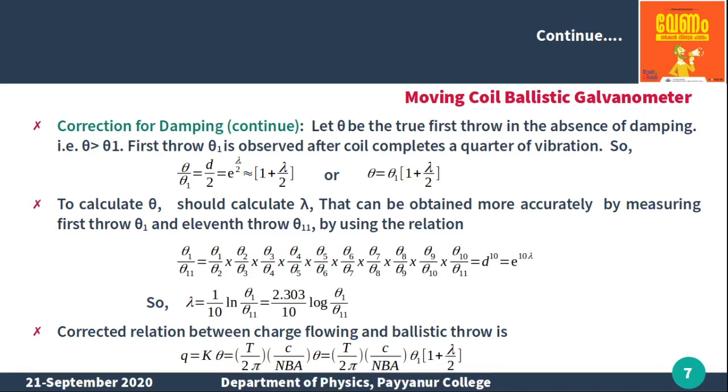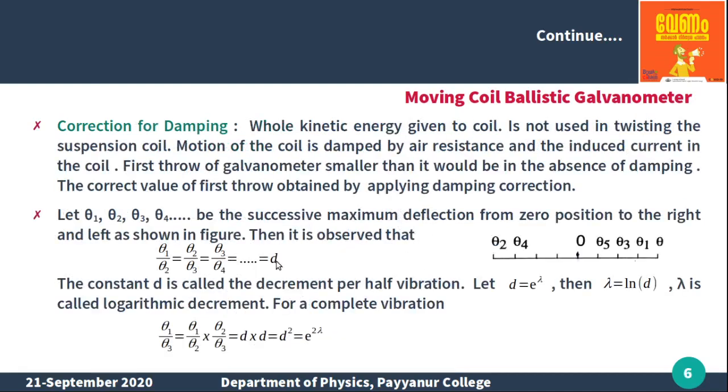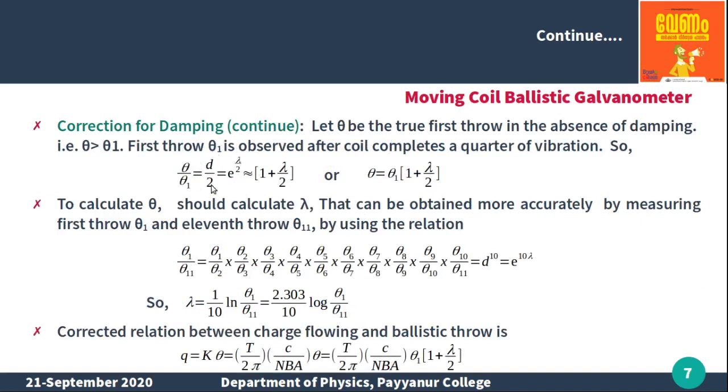What is theta by theta 1? Theta by theta 1 is for a quarter vibration. Theta 1 by theta 2 is for a half vibration, and this is a quarter vibration, so it should be half of this. So, theta by theta 1 I can write as d by 2.